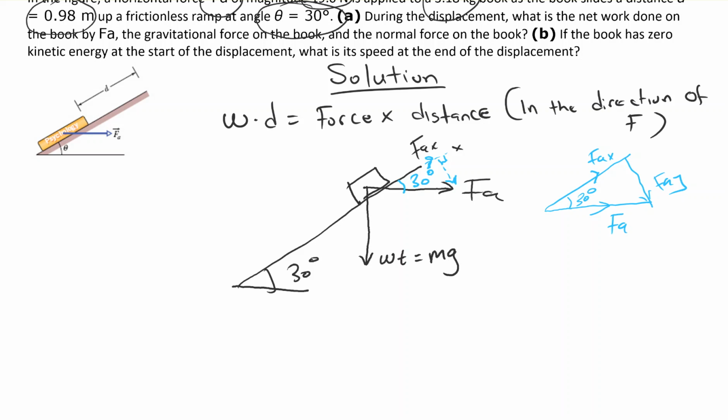We find that the relationship between FA and FAX is cosine 30. So cosine 30 degrees is equal to FAX, the adjacent side, over the hypotenuse, FA. Hence, we can solve for FAX: FAX is equal to FA cosine 30 degrees. I'm gonna leave that here.